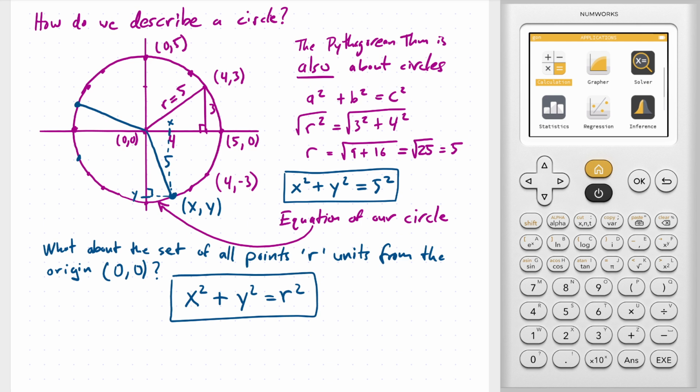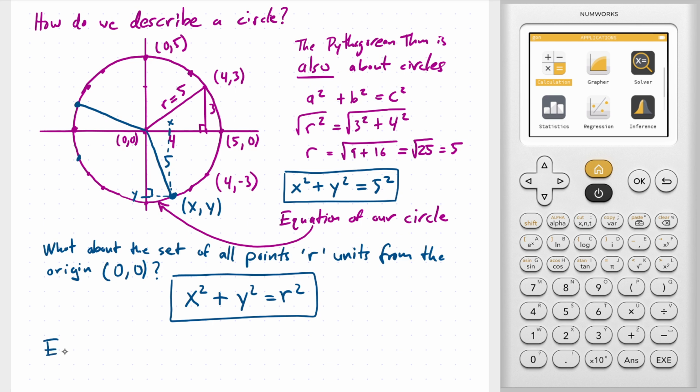And the interesting thing about this is it's just the Pythagorean theorem. But instead of fixing the values of x and y, I am letting them go anywhere around the circle. But it comes straight from the Pythagorean theorem. So like I said, the Pythagorean theorem is also about circles. So this is it.